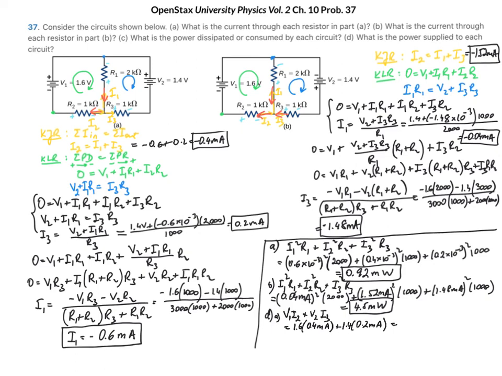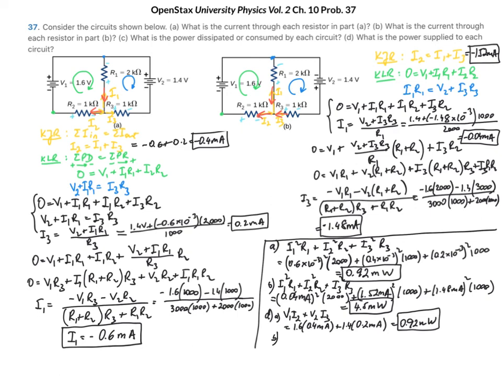And this will give us 0.92 milliwatts, which is kind of what we were expecting. And that's because the power supplies in this circuit were supplying 0.92 milliwatts of power, and the resistors in the circuit used up 0.92 milliwatts of power. So it's a good thing that these two values agree with one another.